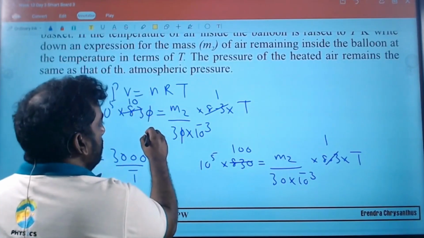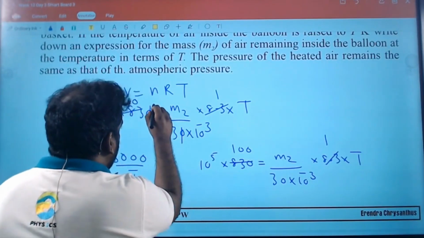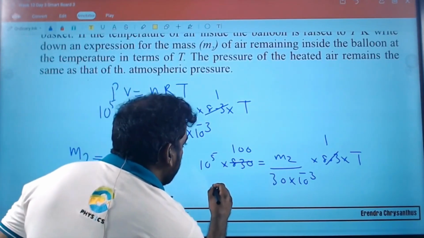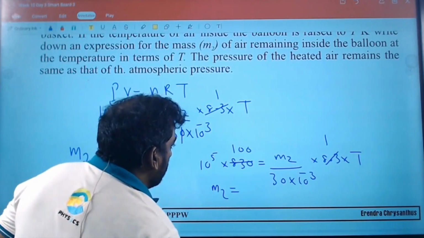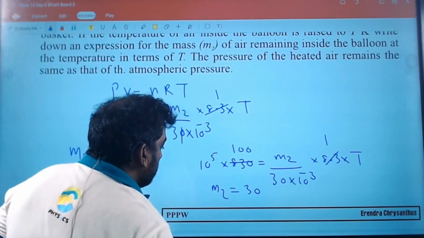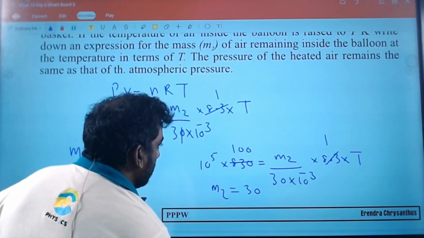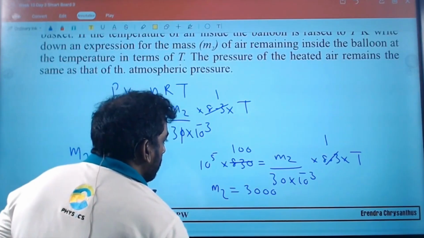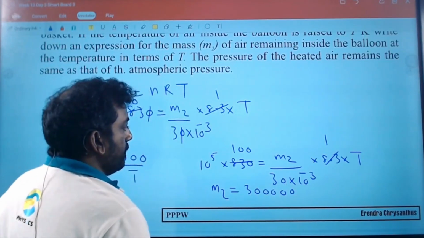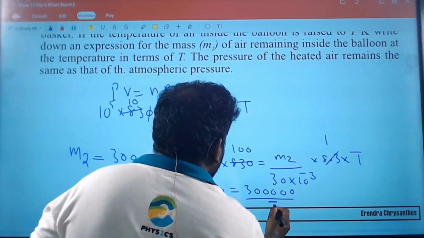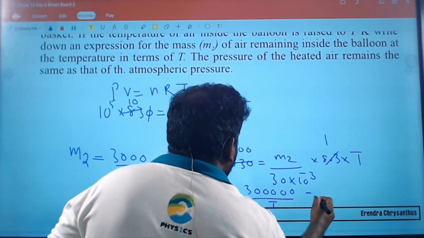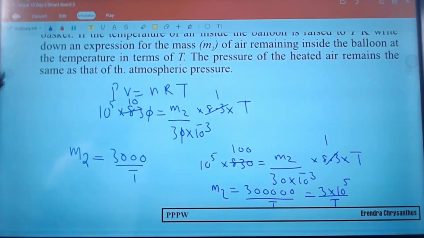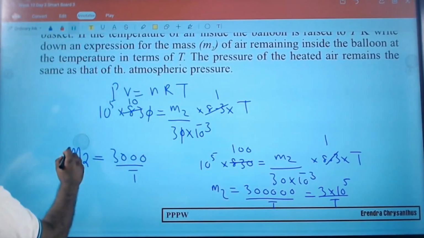You can't have this small error. Here there is an error. Cross multiply, 10 to the power 7. M2 is equal to 3 10 to the power 5 over T.